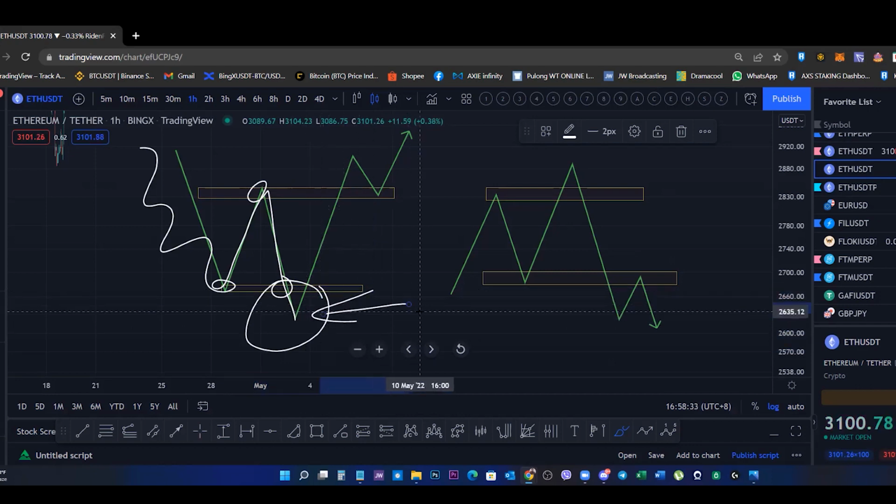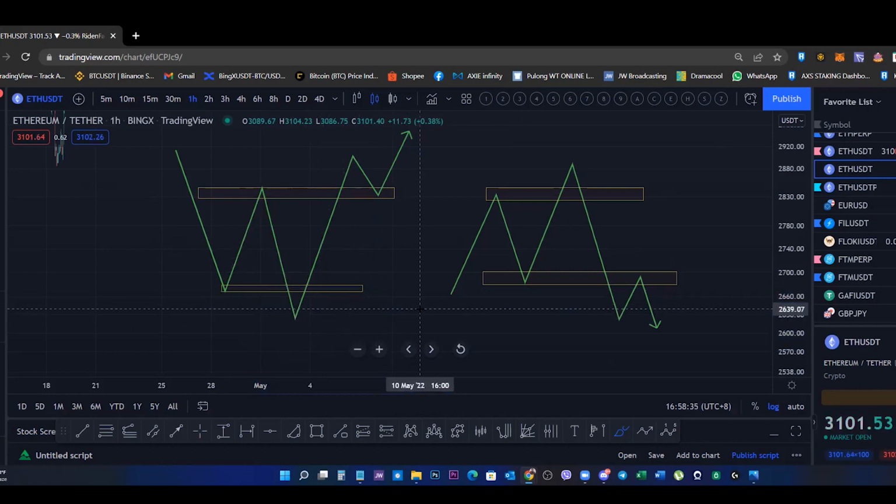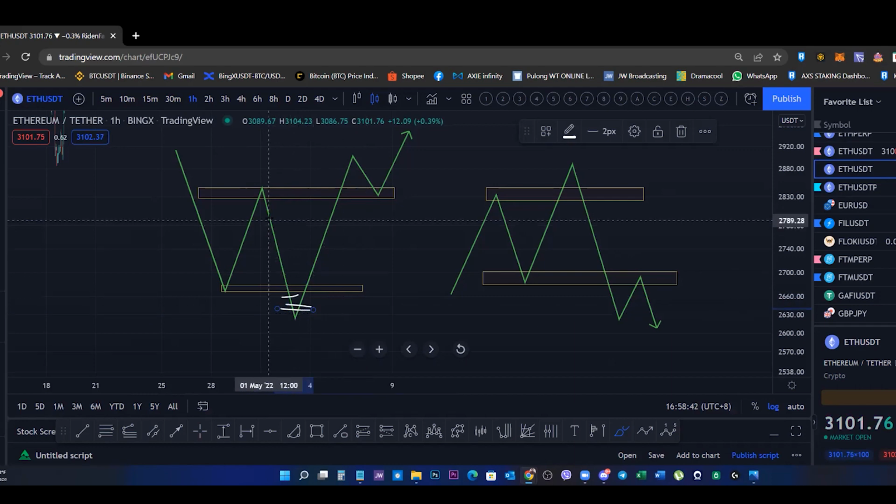So what will happen is normally the bigger institutions, a lot of traders have a stop loss here. So they will make them liquidate through more sell positions. So the bigger institution will have a sell position. And once there is a breaker block, most retail traders will think that this is still a sell position.